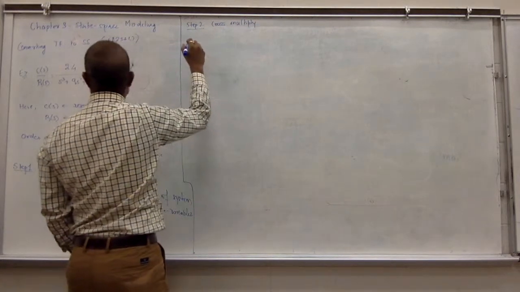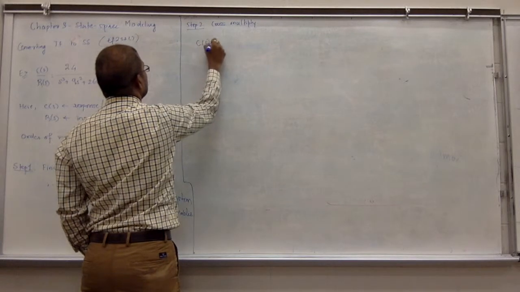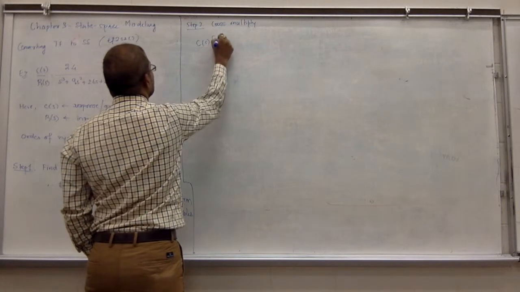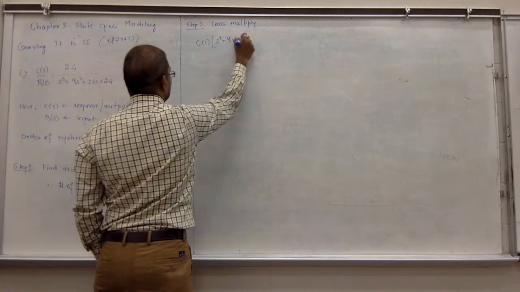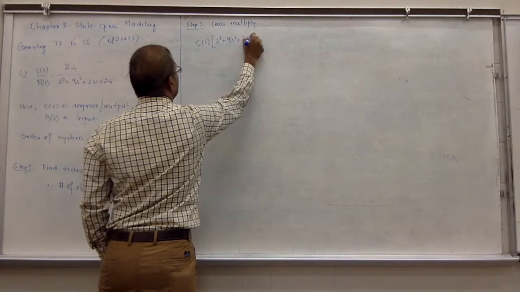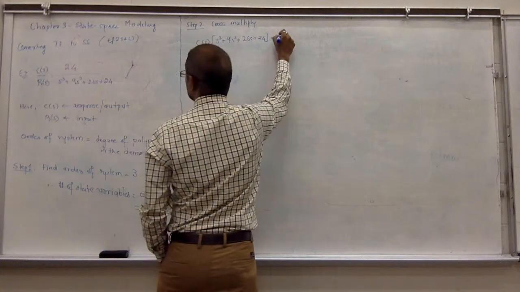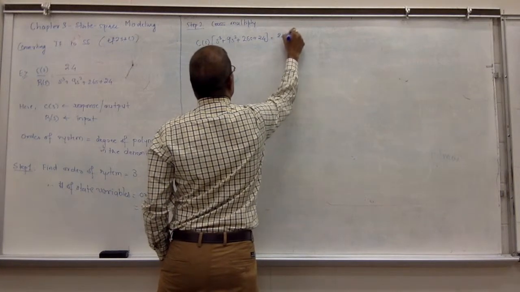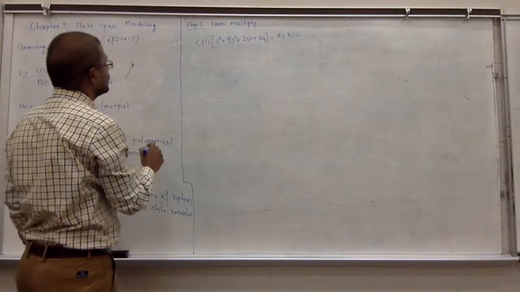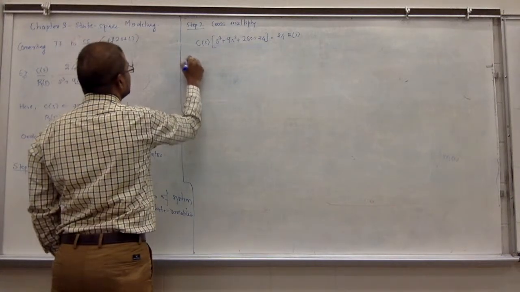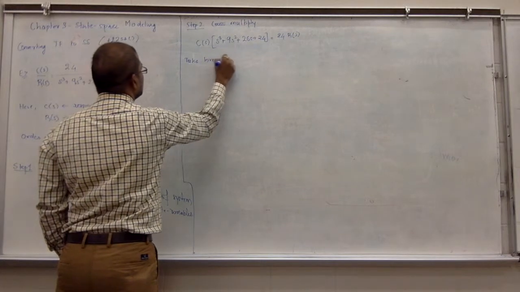It will be C of S into S cube plus 9 S squared plus 26S plus 24, and you take inverse Laplace transform.